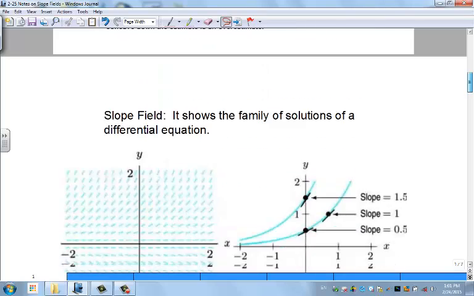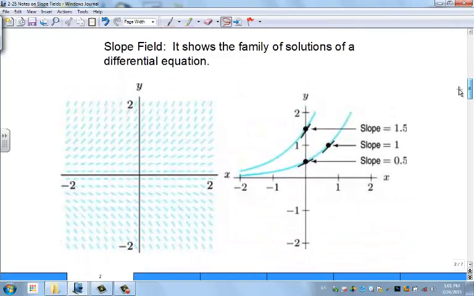So now we come down to the first example. This is a slope field. It's a series of little tiny slopes. What you'll see here is you have various different slopes on your picture here, right? And if you follow the slopes, they will take you right to the next slope.